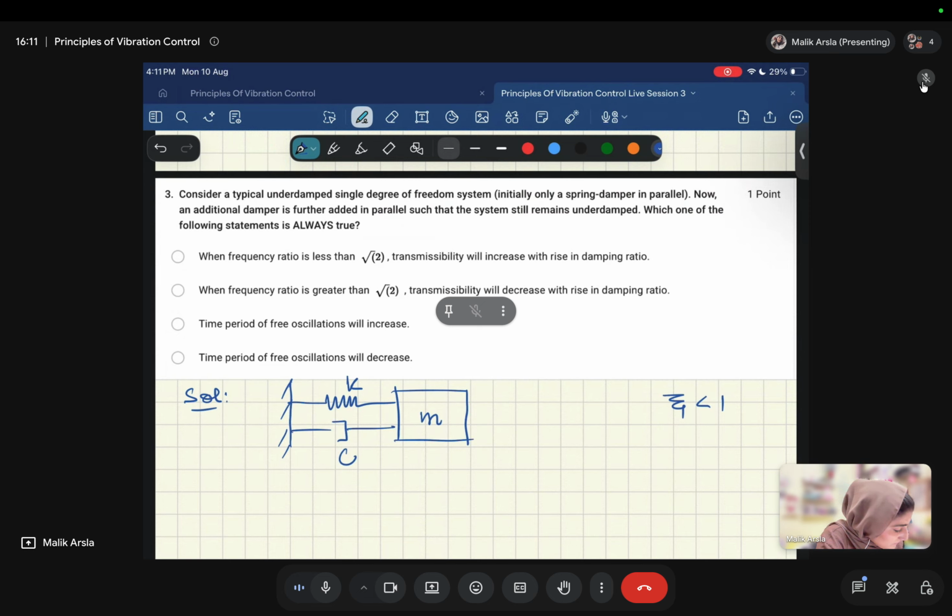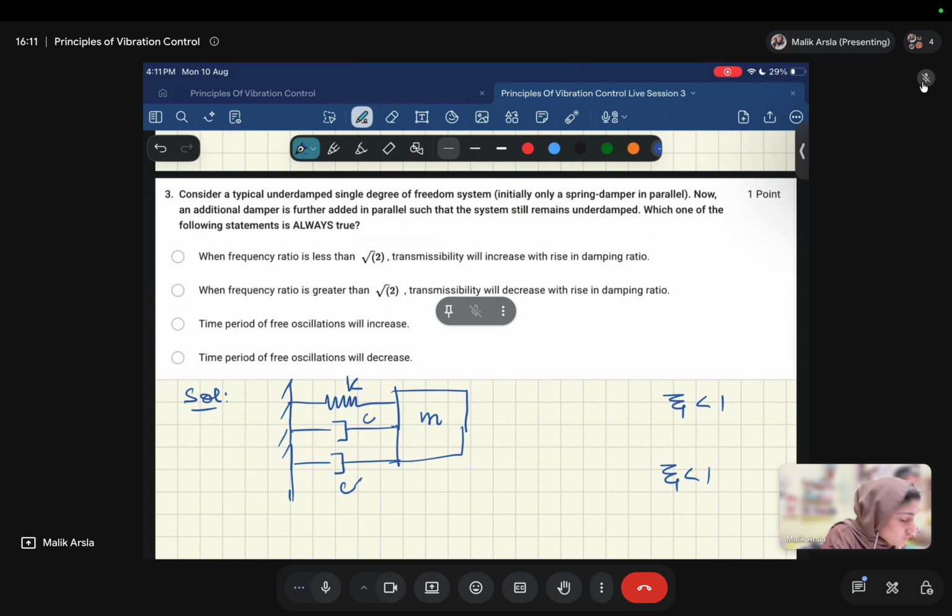Now we are making a change where we are adding another damper in parallel. Okay, let me draw it here. So what we are doing here is adding another damper, let's call it C dash, such that the system is still underdamped.